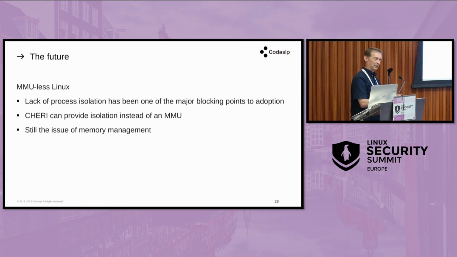So one of the things we can do with CHERI is take over that role of isolation from the MMU and use CHERI to separate the processes. We still have to deal with the memory issue, but there's some work ongoing in academia now. There's interest that CHERI is refreshing some ideas and getting people to look back at these issues. So it'll be interesting to see what happens in this space. But it's certainly something we want to do at least an initial proof of concept on.